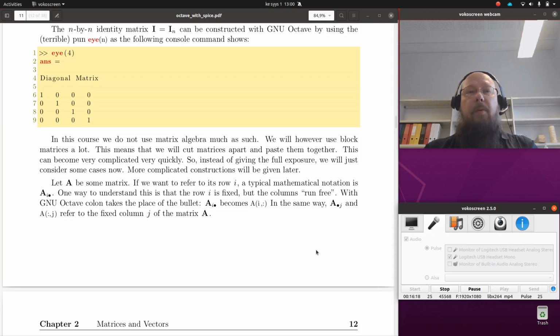So for now we have learned how to define a matrix with Octave, and we have explained a little bit about the basic operations, how they work with Octave in the natural way. So that's this lecture. In the next video lecture we cut and paste matrices. Bye.